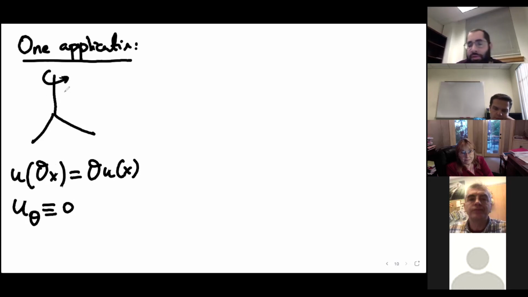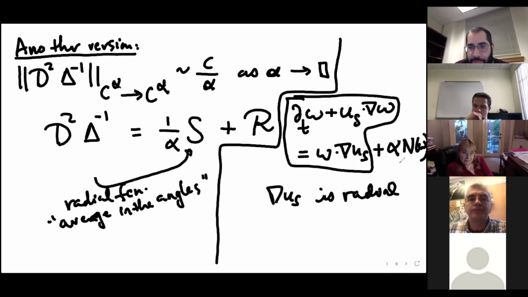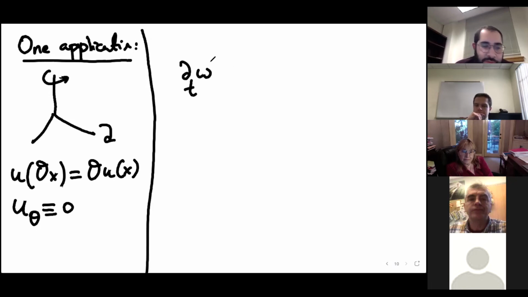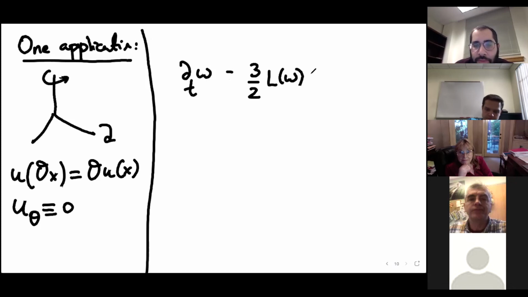So that means that particles can move up and down the axis and in and away from the axis. And okay, if you also impose a reflection symmetry about the xy plane, then the equation I just wrote becomes the following. So dt omega, now a scalar equation, minus 3/2 L omega sine of 2 theta d theta omega.